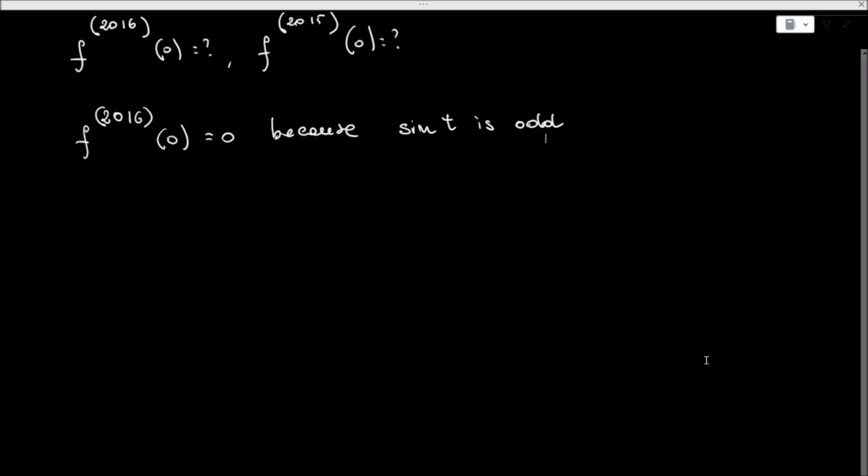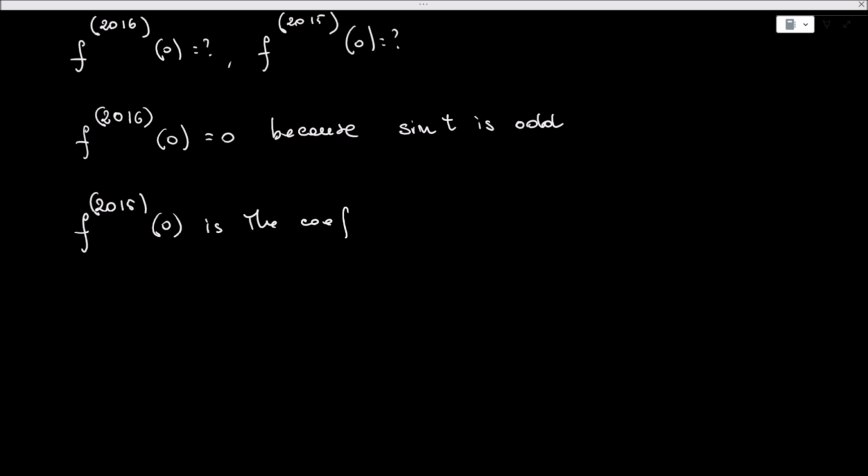But how about the derivative of order 2015? Okay, well, what we know is that this derivative in 0, of course, is related to the coefficient of x to the 2015, which corresponds to t raised to the 2015 divided by 5, which is basically t to the 403.